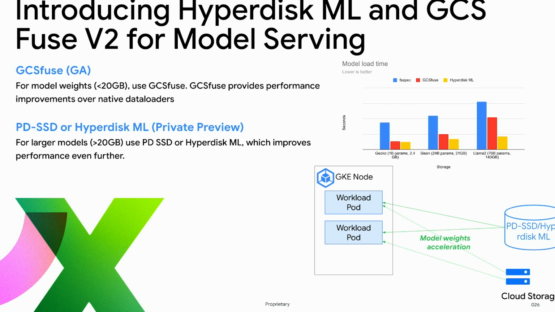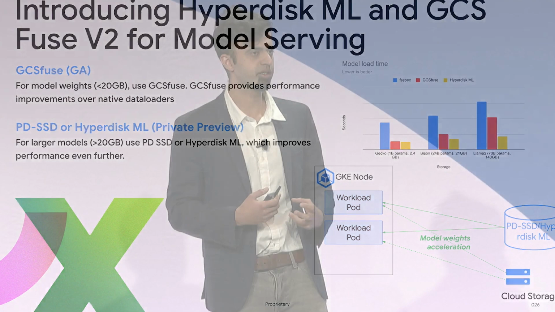The blue line here is FSSpec. FSSpec is what the SDK uses underneath the hood. Because GCS Fuse dynamically pulls the data, your application doesn't need to wait for all the weights to download, and that's why it has faster results relative to the baseline, which is the SDK.